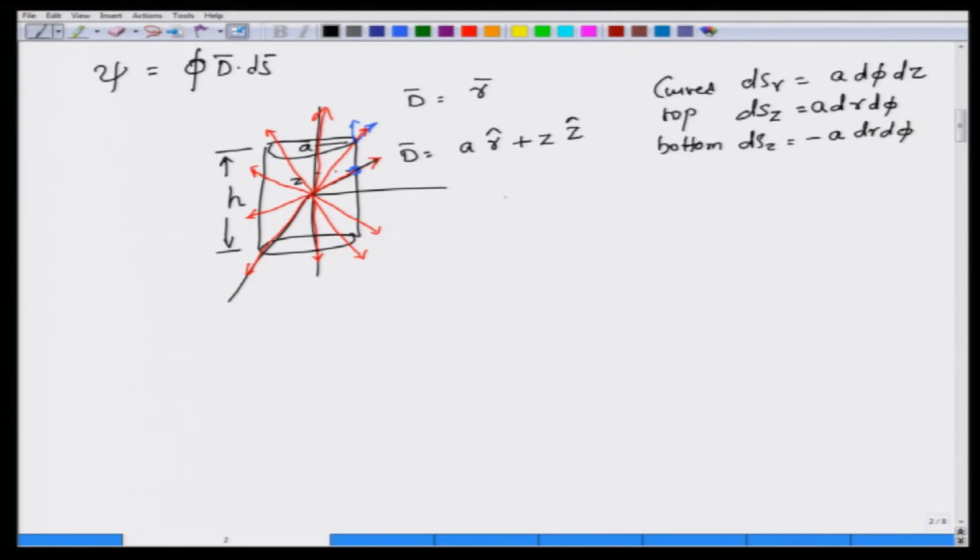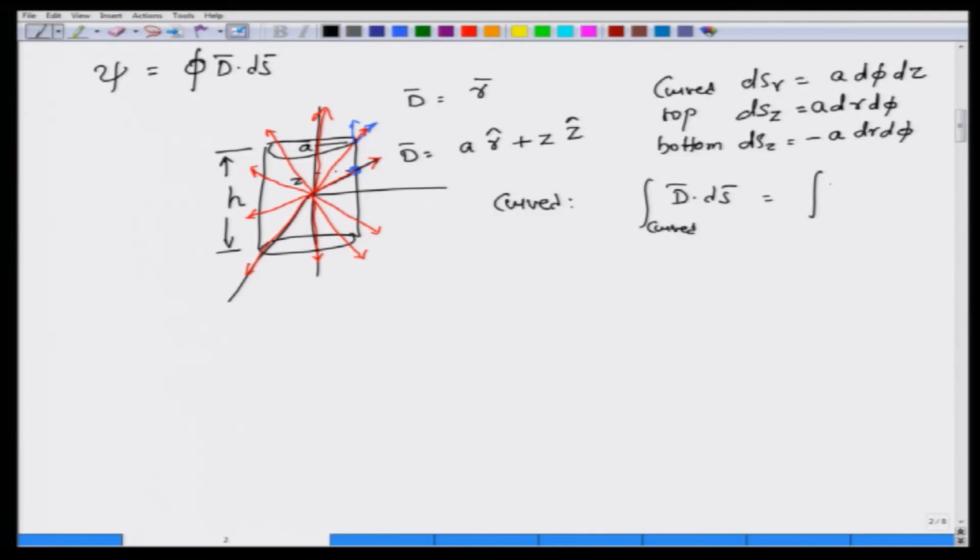Okay. So, on the curved surface, we have the value of the D field being given by a r hat plus z z hat. So, the integral of D dot ds on the curved surface becomes the integral of only the r component, because on the curved surface the surface element is directed along the radial direction. Therefore, only the r component would be non-zero here.